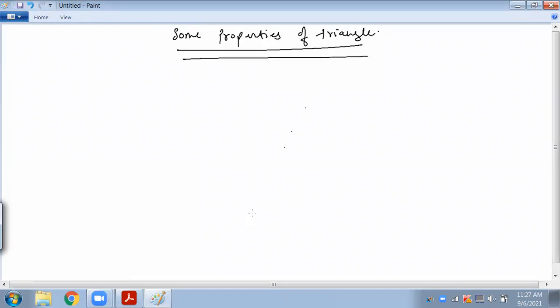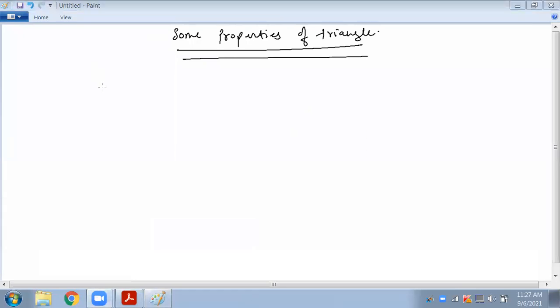Before moving to the next exercise, you have to know some more theorems. First, let's see the theorems. We'll see now some properties of triangles.